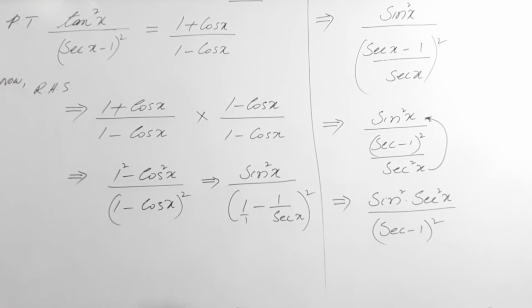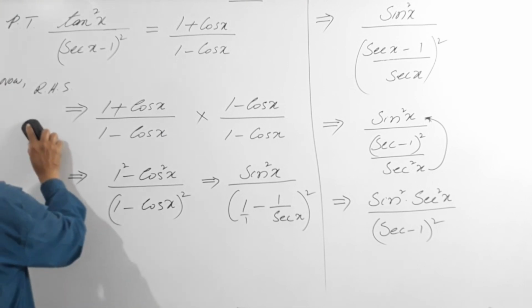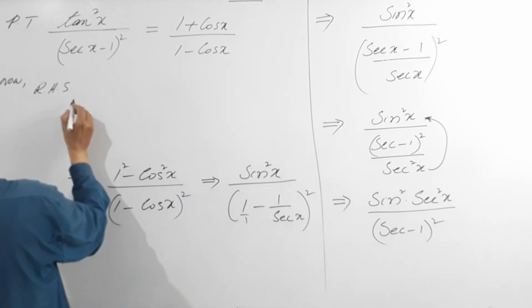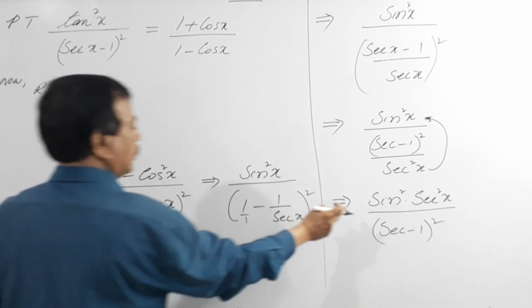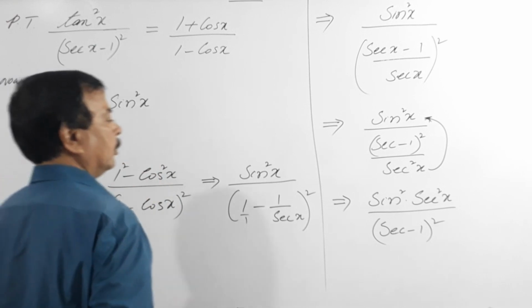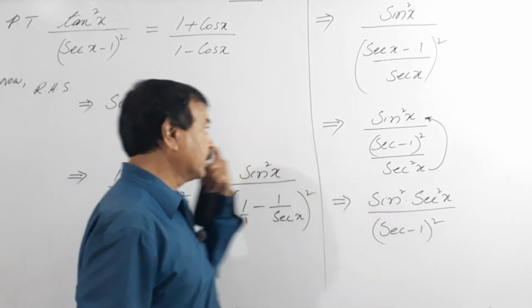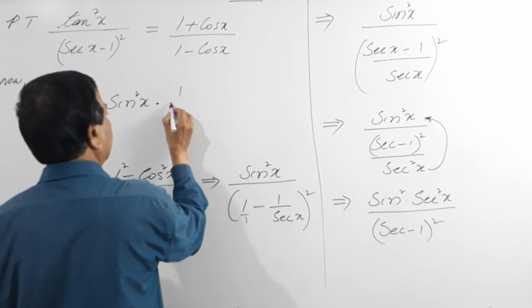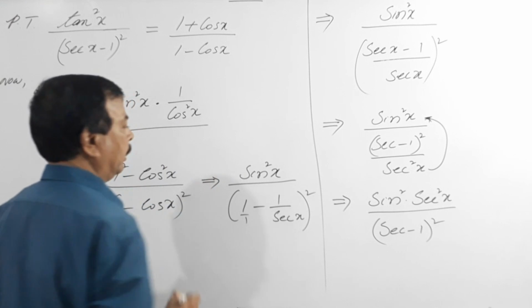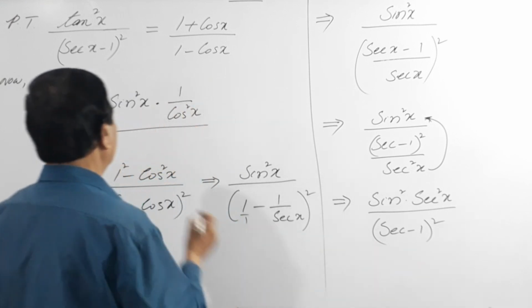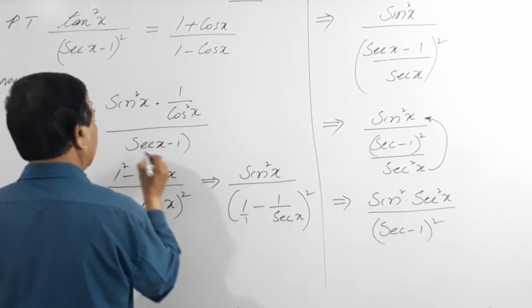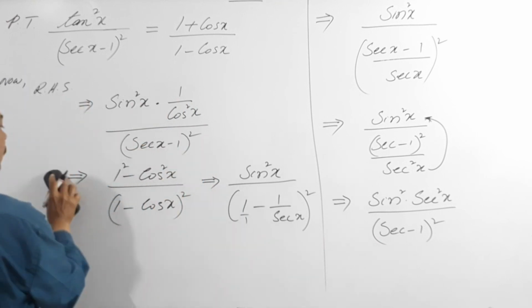So now sin square as it is. What is secant x? 1 by cos, that is 1 by cos square x divided by secant x minus 1 the whole square.